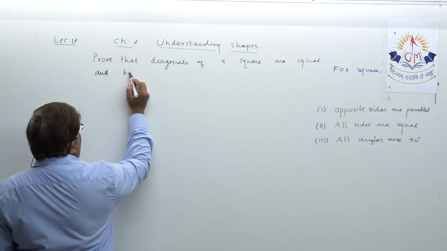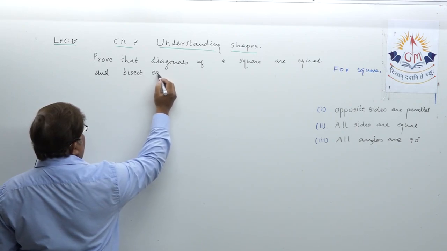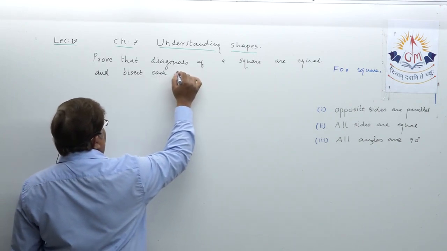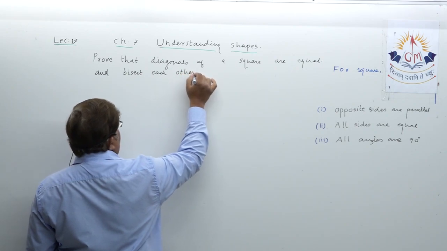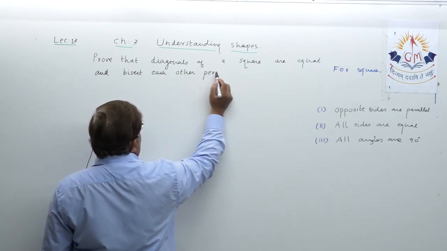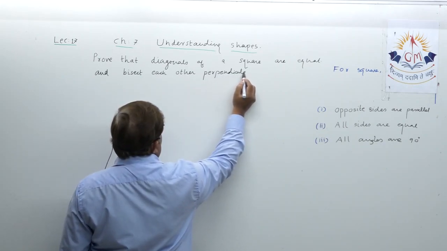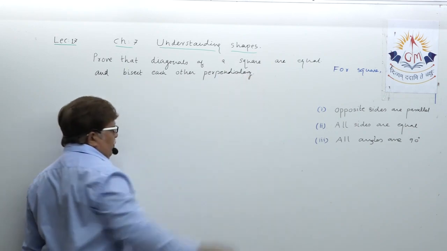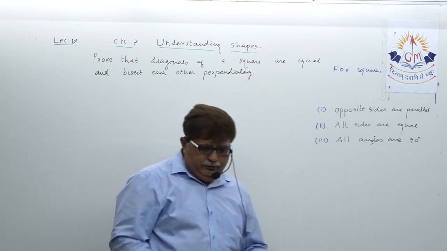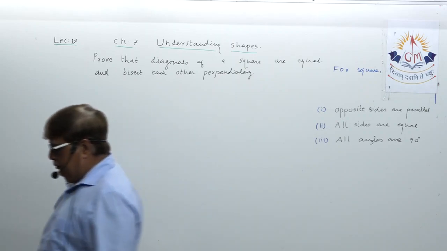and bisect each other. Bisect each other perpendicularly. This is what you have to prove. First, you just look at the given statement.